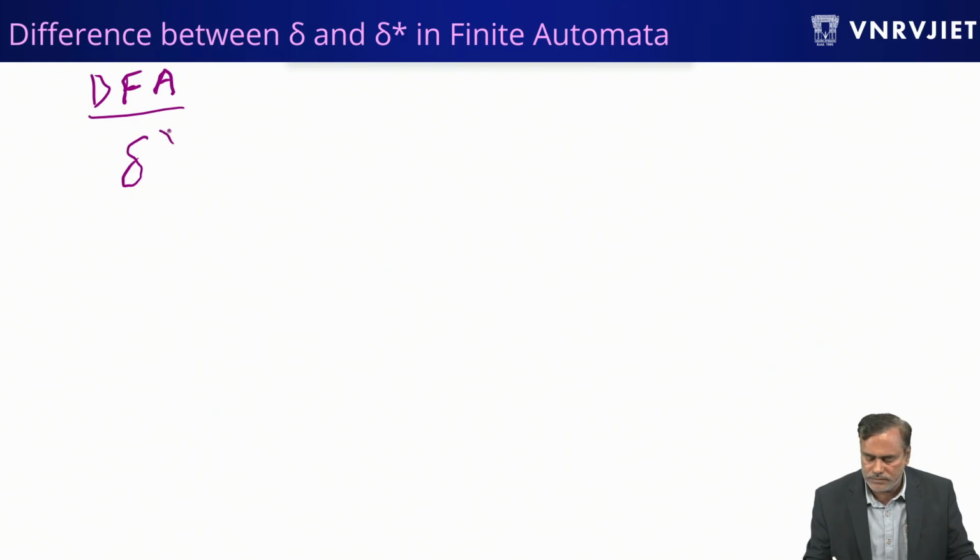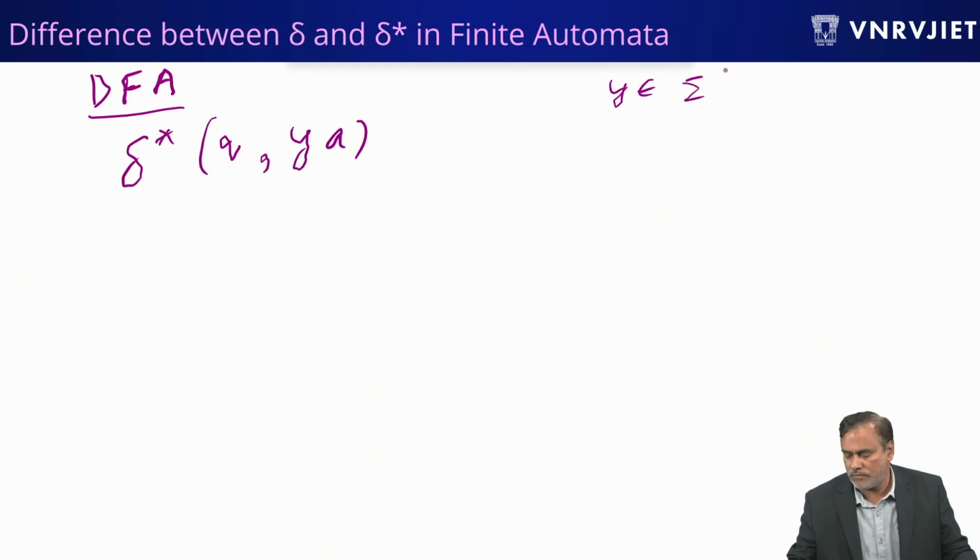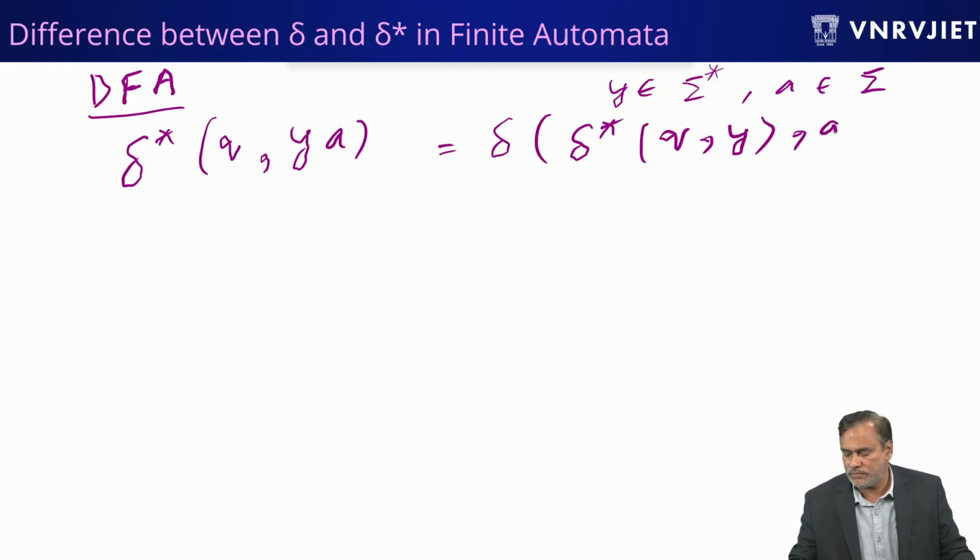Delta star of some state Q, y, A, for y belongs to sigma star and A belongs to sigma, can be stated as follows: delta star of Q, y, A is delta of delta star of Q, y, A, where A belongs to sigma and y belongs to sigma star.